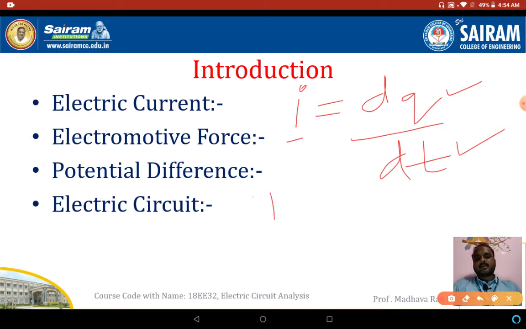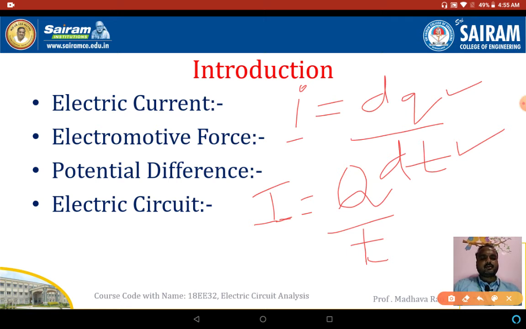In some cases we write I is equal to q by t, that means the rate of change of charge, where Q is the electric charge and t is time. This is about electric current.